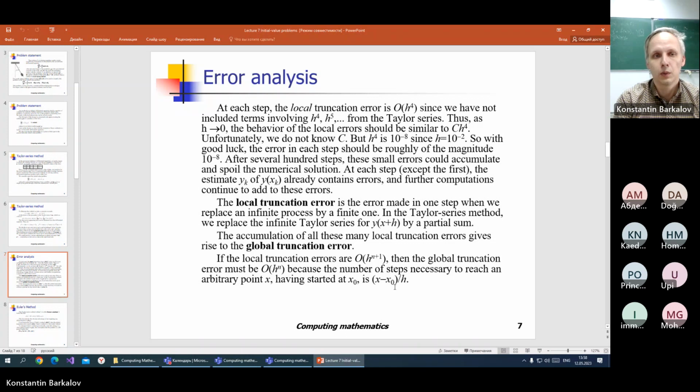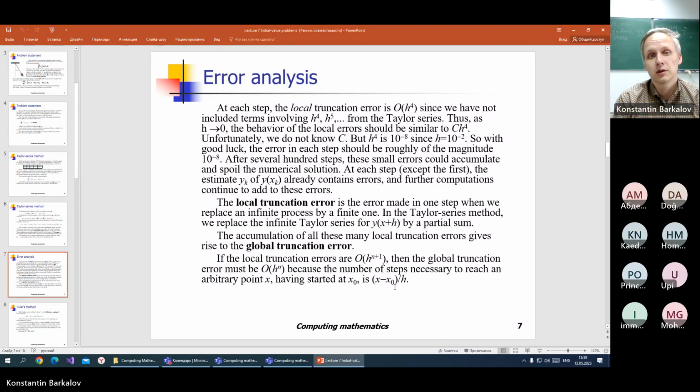Thus, when h tends to 0, the behavior of the local errors should be similar to some constant times h to the power 4.